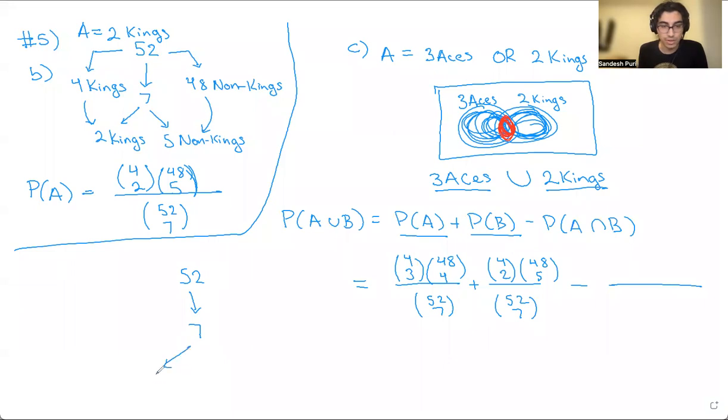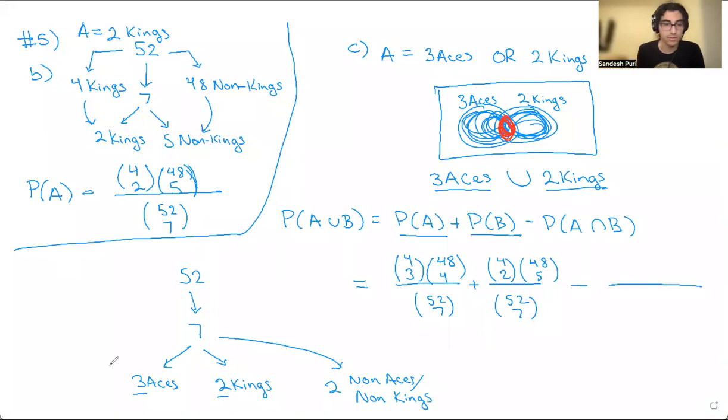So if we draw this out, we're getting 3 aces, 2 kings. And remember, it's equally as important to know that the remaining cards must be non-aces and non-kings. So out of our 7, if 3 are aces, 2 are kings, we have 2 cards left. So these are 2 non-aces, non-kings.